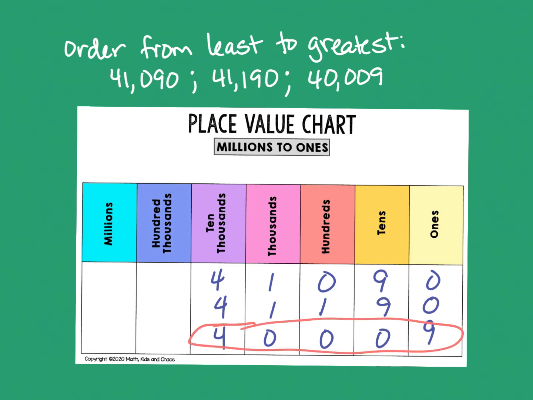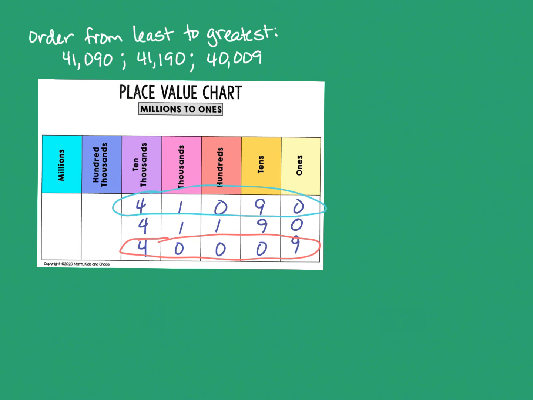Okay? Then I compare these two from then on. So that we were equivalent here. Look to the hundreds place. Oh, 0 is less than 1. This one is the second smallest. We'll make that blue. So now if I'm ordering these in least to greatest order, I would start with my smallest. Then I would go to my second smallest, 41,090 is how you say that.